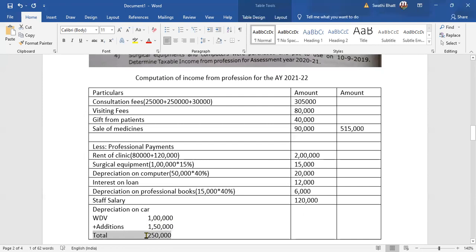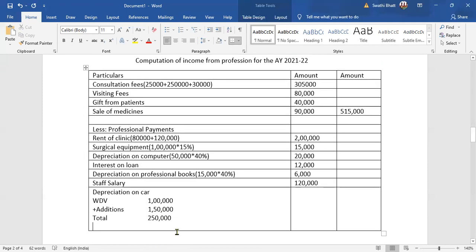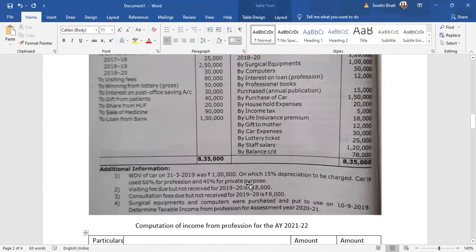So the actual value of car that you have in your business is worth 2,50,000 on which you're supposed to calculate depreciation. So on 2,50,000, the rate of depreciation on car is 15%, which is given to us in the question. So 15% is a depreciation which needs to be charged.